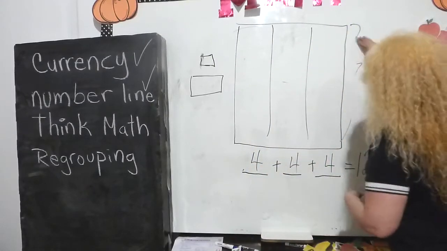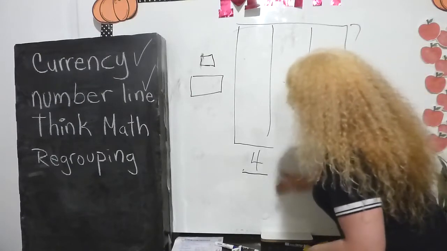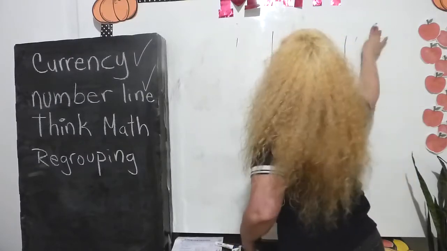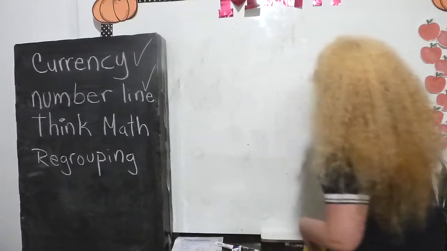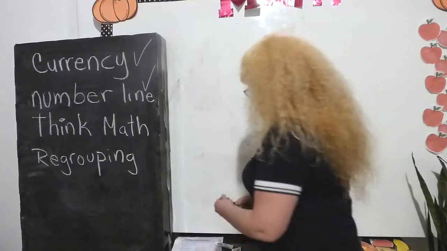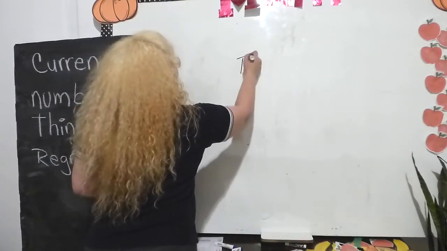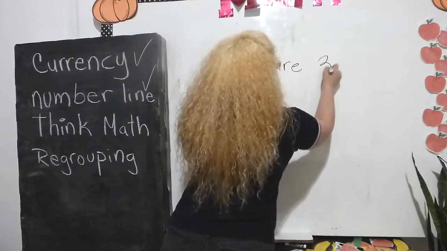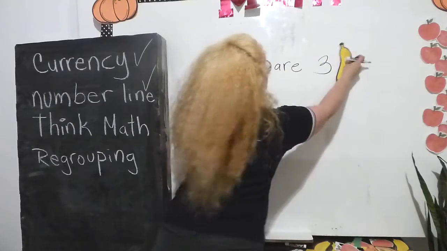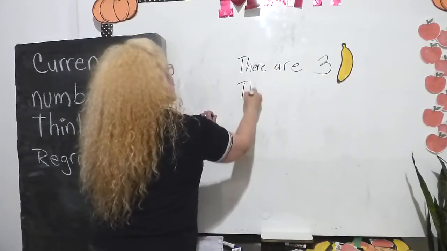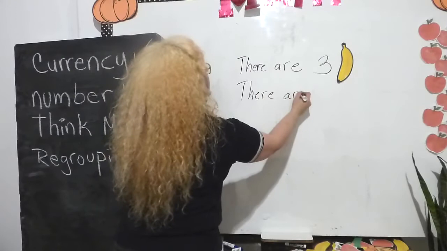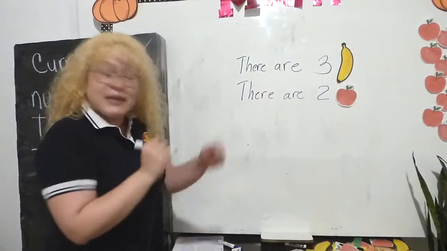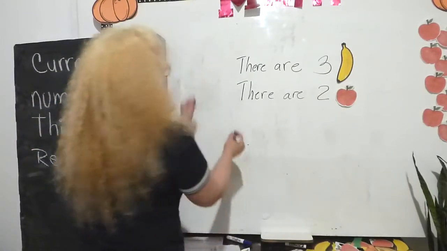I am going to erase my board, and we are going to make only 3 thinking exercises. And listen to this one. There are 3 bananas. There are 2 apples. I like to eat apples and bananas.